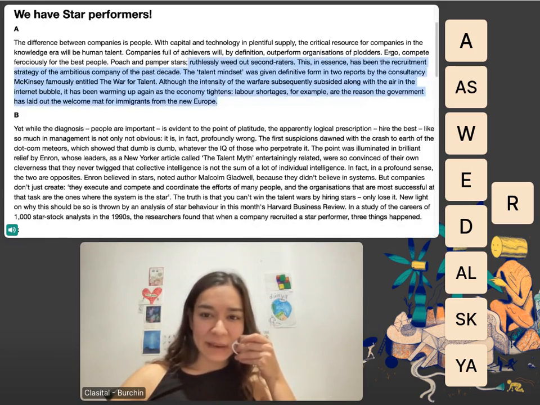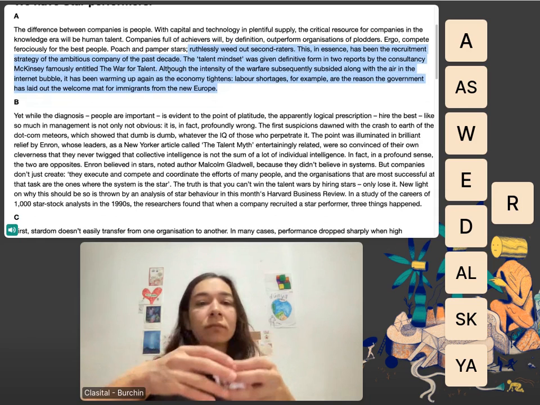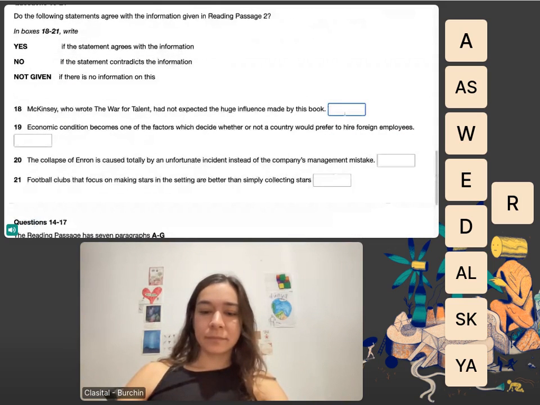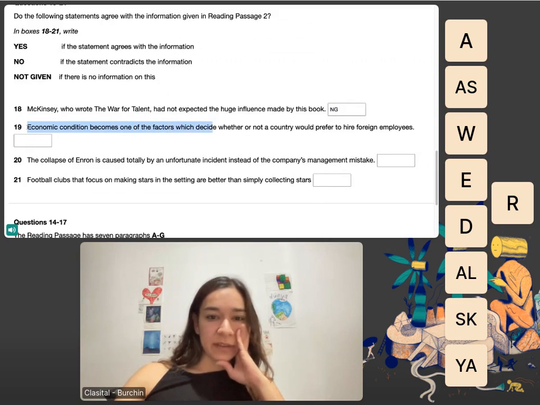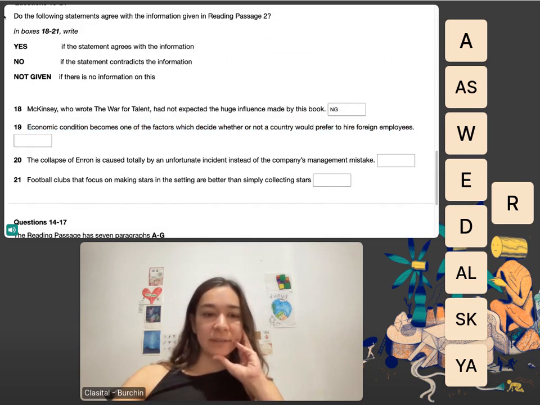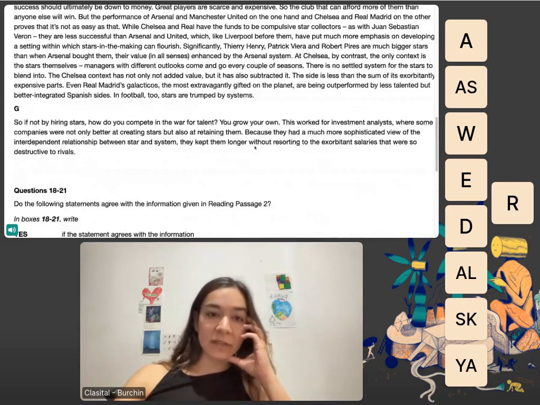I don't see anything about it. It is not given. Very good. Economic condition becomes one of the factors which decide whether or not a country would prefer to hire foreign employees. And then there might be the collapse of Enron. But first, let's look at this one.